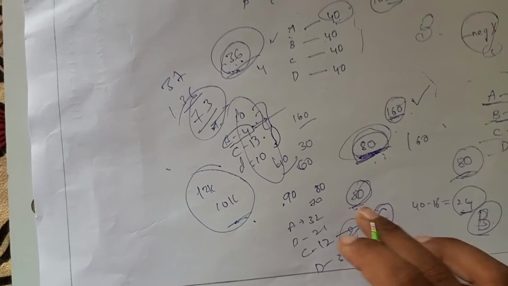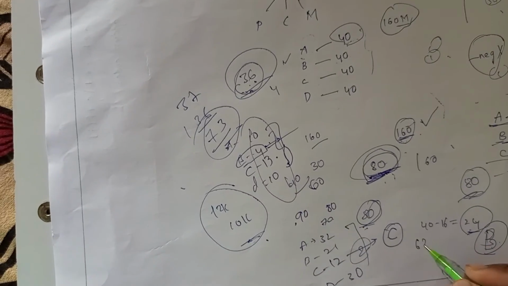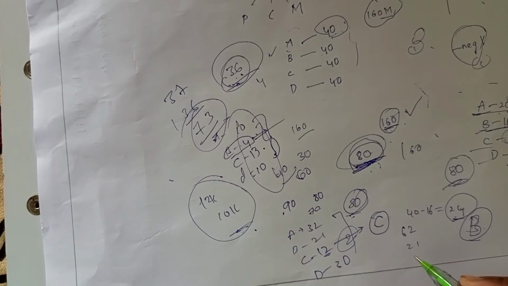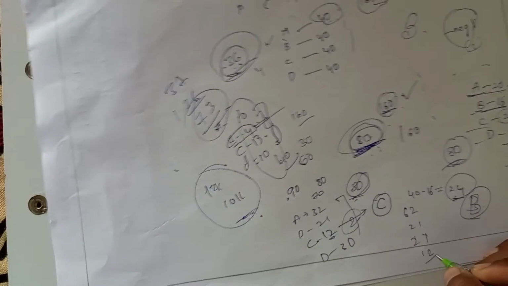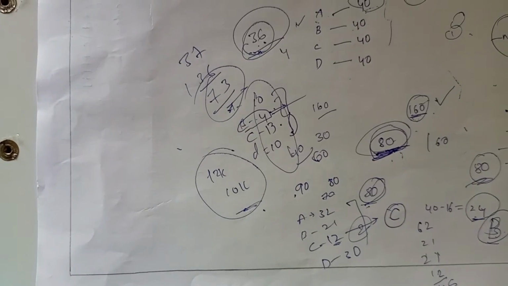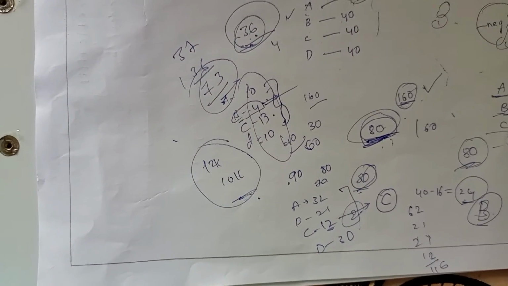Now if you see what you'll get, it's 62 and 21, and here the 12, right? 21 and 12. So what you get, here you got 116, right?